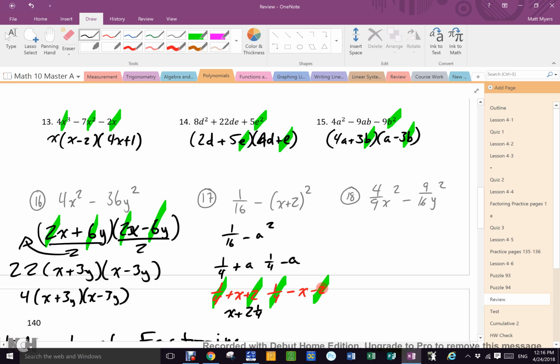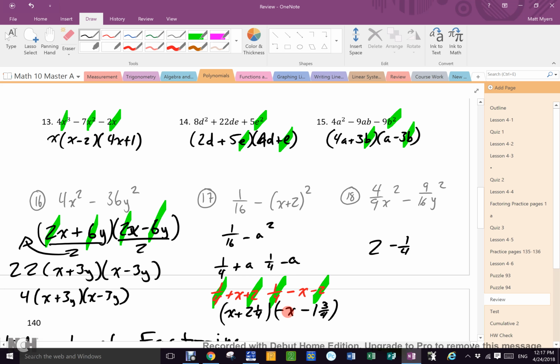What is negative 2 plus 1/4? That's the same as 2 minus 1/4, isn't it? If I have $2 and I take away a quarter, what do I have? $1 and 3/4. So this is negative x minus 1 3/4. And now that one's done.